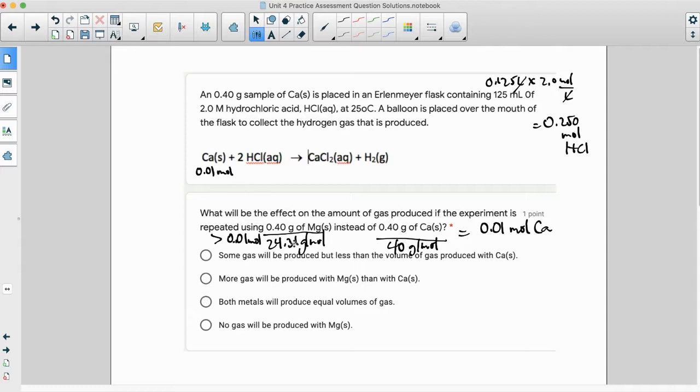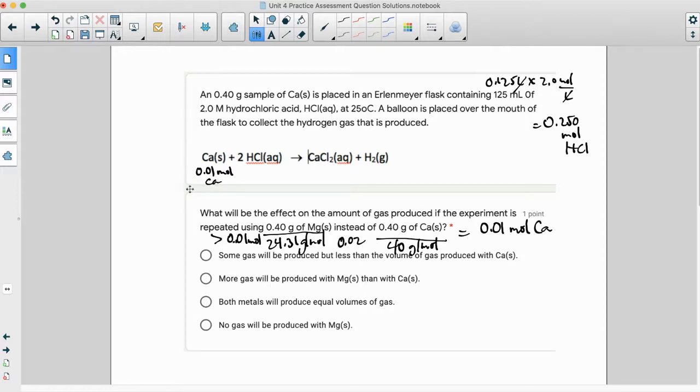And if we add in this amount of magnesium instead, this is maybe about 0.02. We can calculate it exactly, but let me just do that. Yep, it's like 0.016. So if we replace that, here's our calcium.